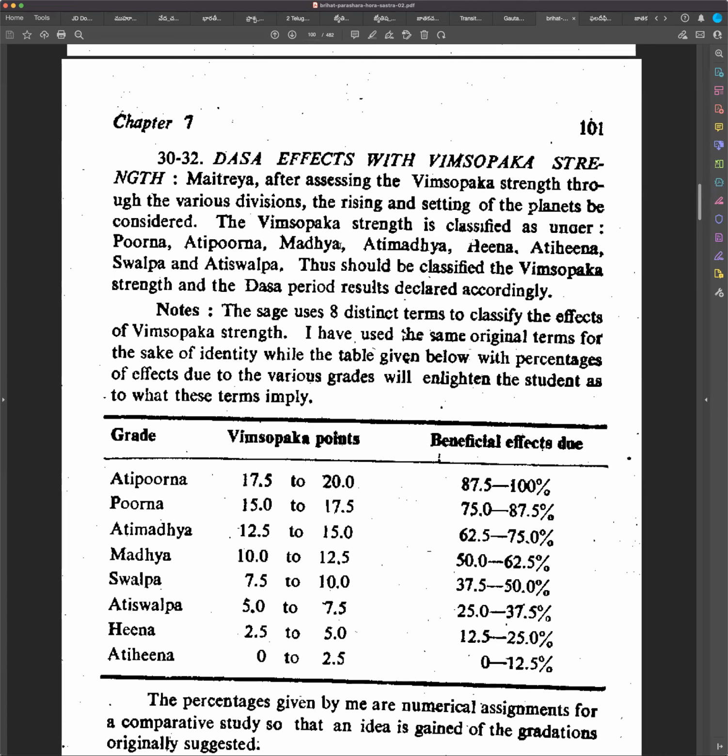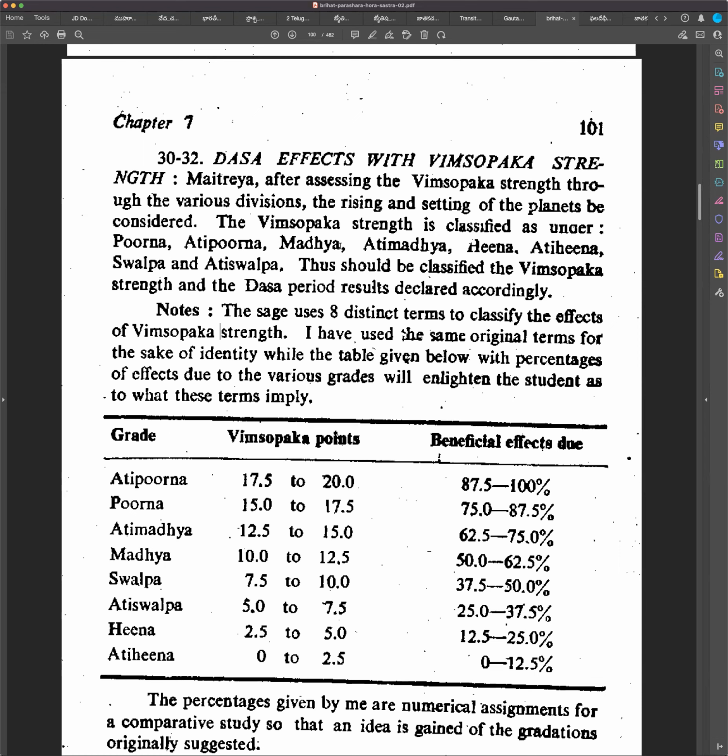Ati Madhya means Mitra station. Madhya is a Swakshetram. Swalpa is a Samakshetram, I think. Ati Swalpa is a Shatru Kshetram. Hina is Ati Shatru. Ati Hina is debilitated, completely debilitated.